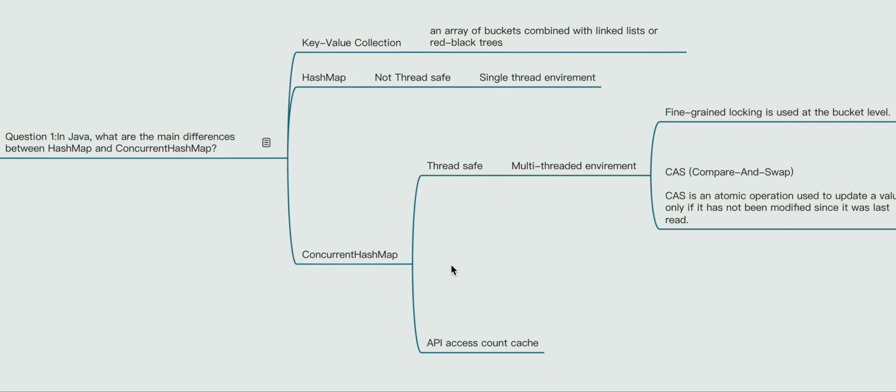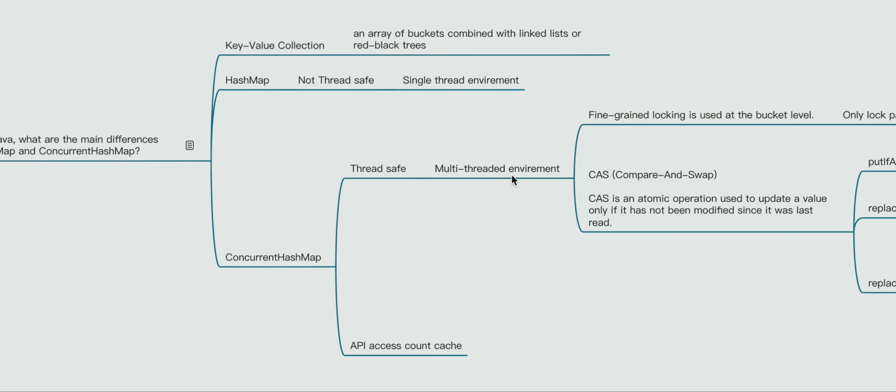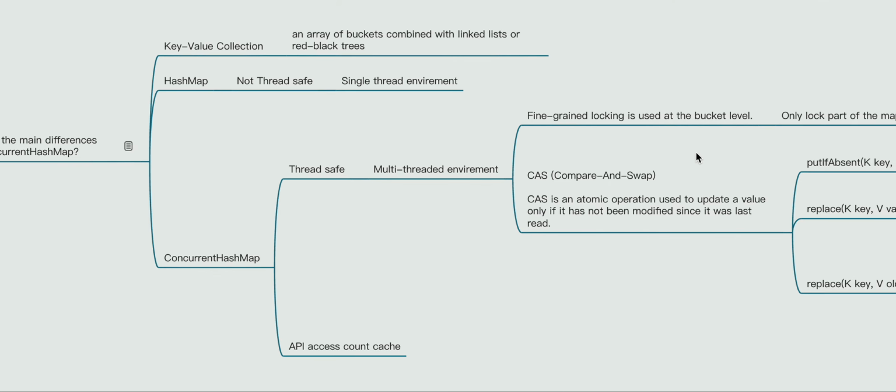And ConcurrentHashMap, you can see from the name, it must be designed for the multi-threaded environment to handle the same situation while also keeping thread safety. Based on this design, ConcurrentHashMap has two important internal structures to support its purpose.